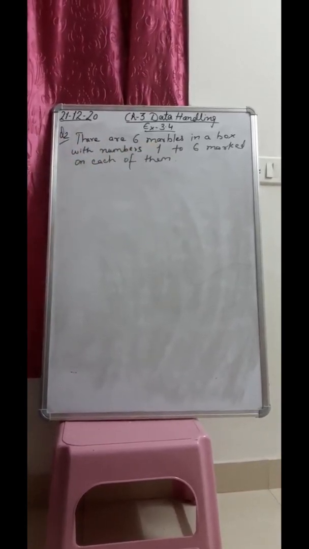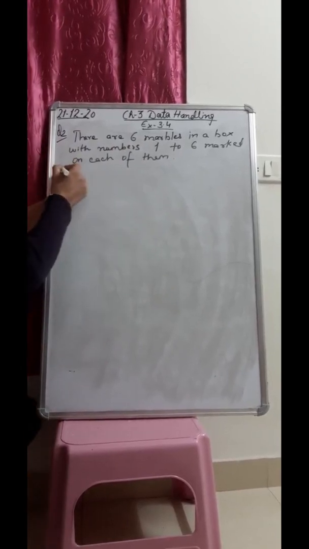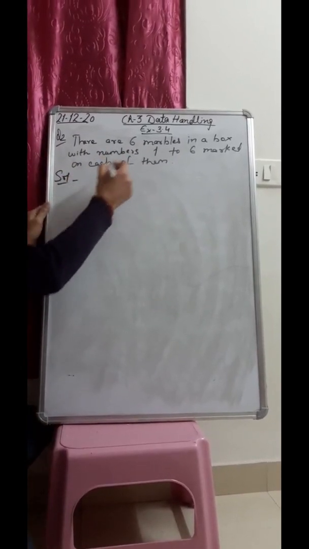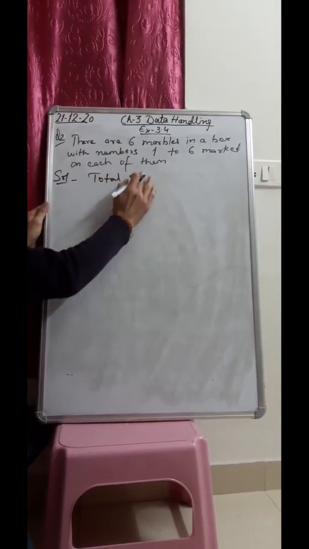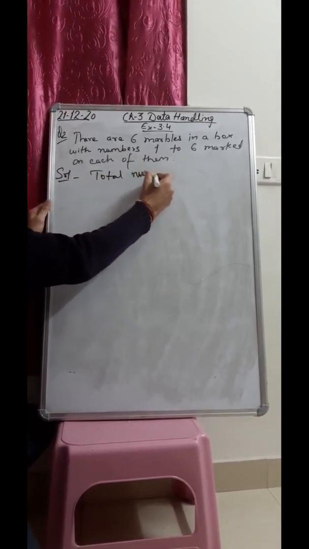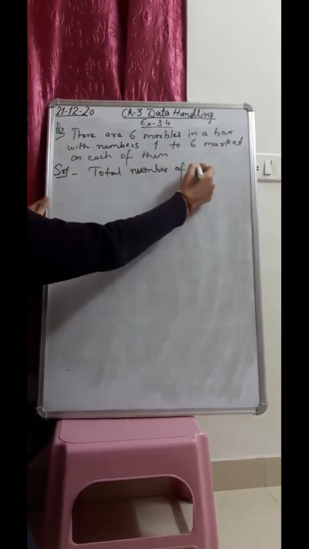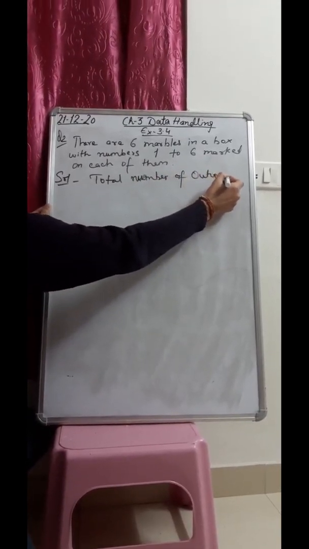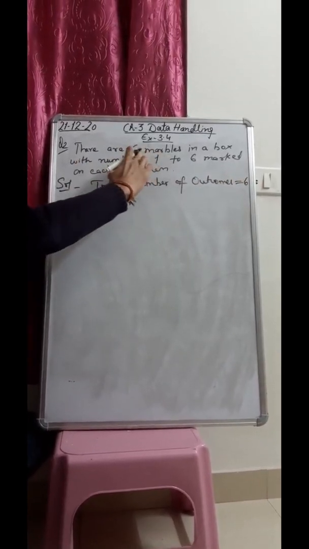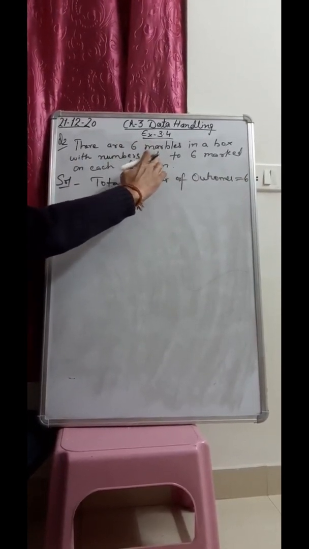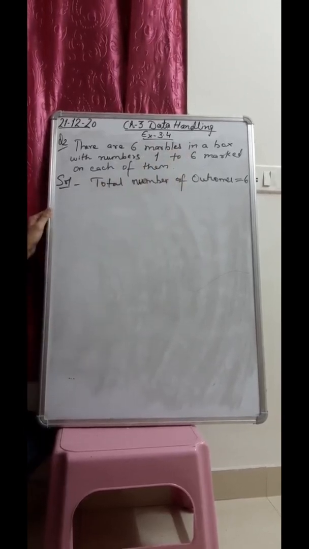So the solution: the total number of outcomes is 6. Why 6? Because there are 6 marbles marked from 1 to 6, so the total number of outcomes will be 6.